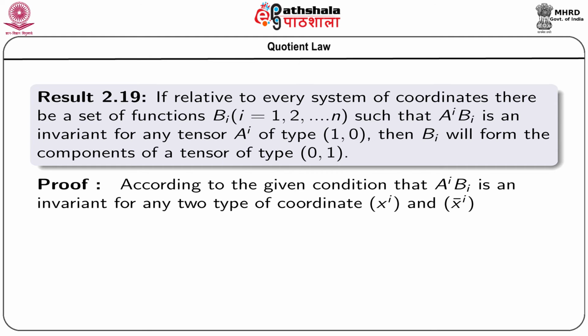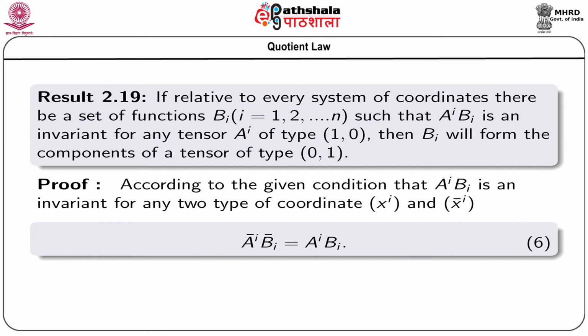Now, according to the given condition that A^i B_i is an invariant for any two types of coordinates x^i and x bar i, we have A bar^i B bar_i equals A^i B_i. As the product is invariant, it is the same for all types of coordinate systems. So, we can write 6.